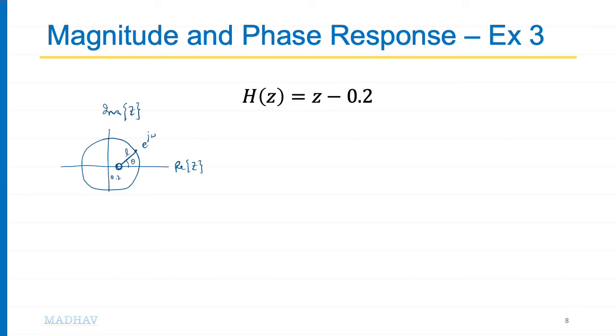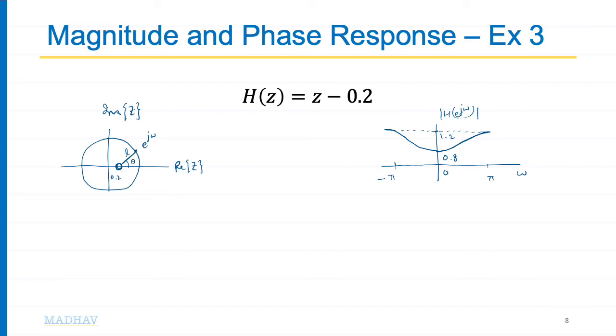So this is how it is: my 0 is here, and my e to the power j omega moves about this circle. Basically it starts from minus pi and goes all the way up to plus pi. Now let's look at the magnitude plot. The magnitude plot is simply: here your distance is 0.8. Let me draw it. Yeah, and then as you go here, the distance becomes 1.2.